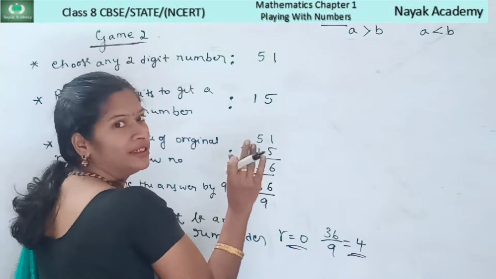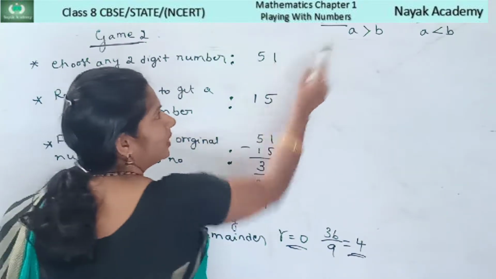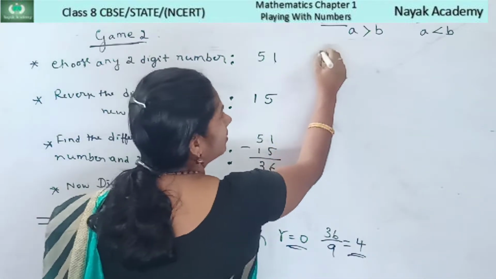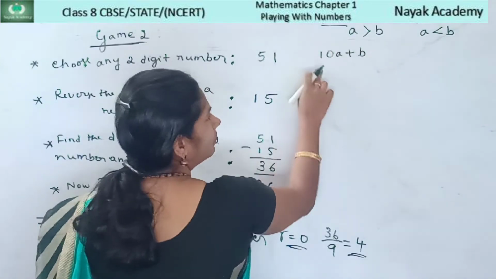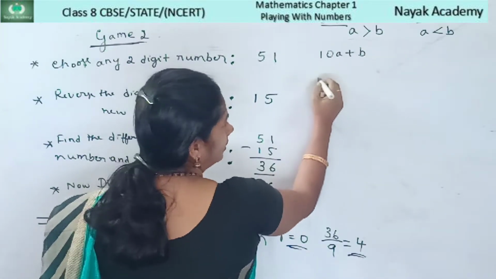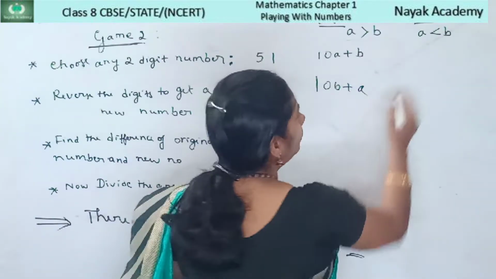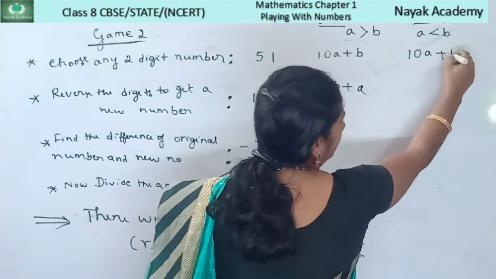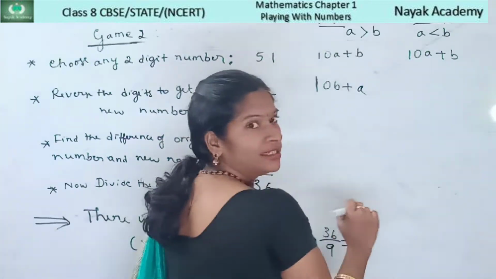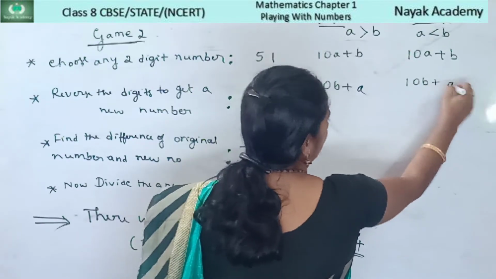Now we have to find the difference always from the bigger number to the smaller number. So case 1, what happened, children? The two-digit number is 10a plus b, and if you reverse the digits, it becomes 10b plus a.